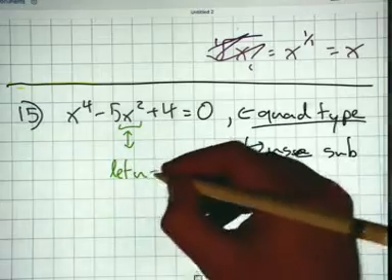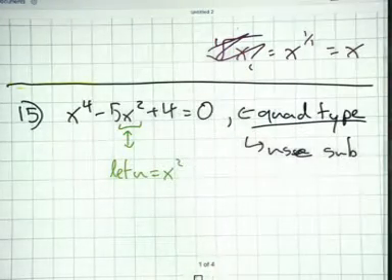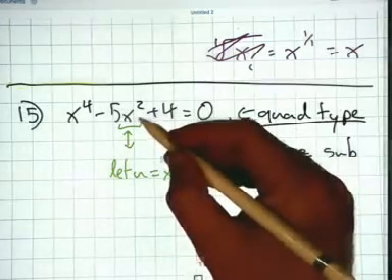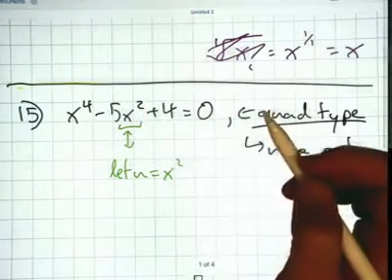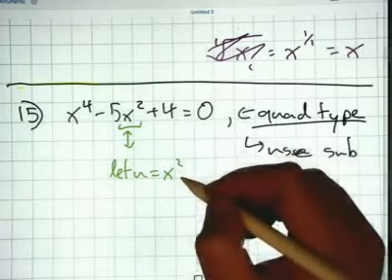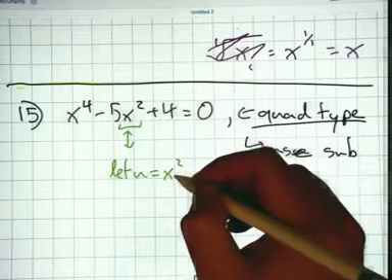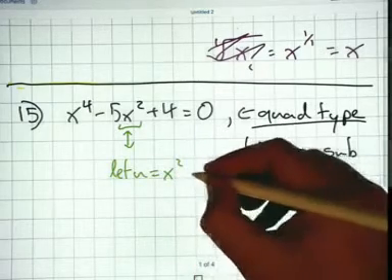We're going to let u be equal to x squared. So I'm picking the variable and its exponent of the middle term, and we're going to let u be equal to x squared.